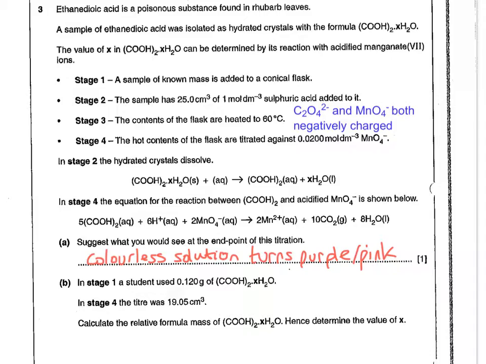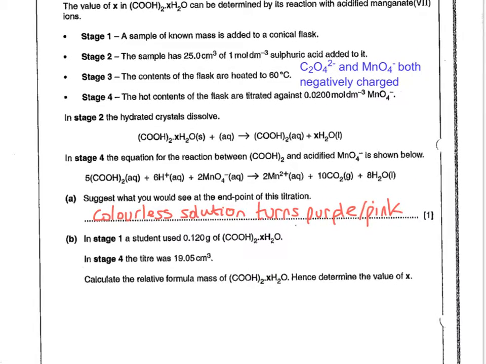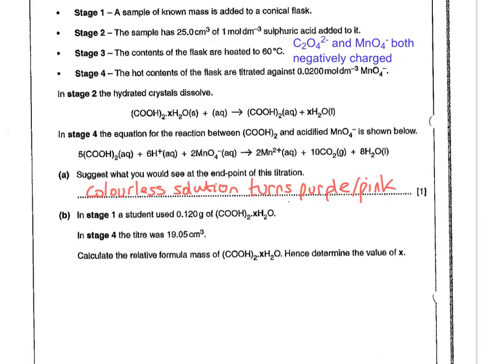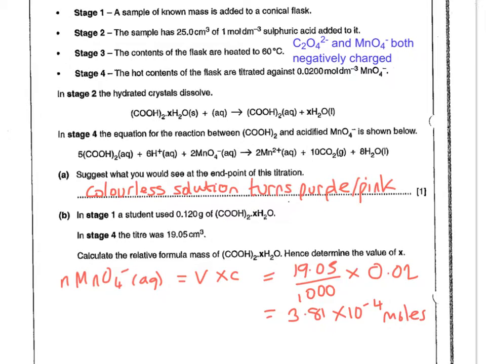So let's move the page down a bit now. So you'll see I'm leaving the data at the top so you can work with it. The first thing to do is to work out the moles of MnO4 minus that was used. To do this, I've got to identify not only the titre that was used, the volume, plus also the concentration.